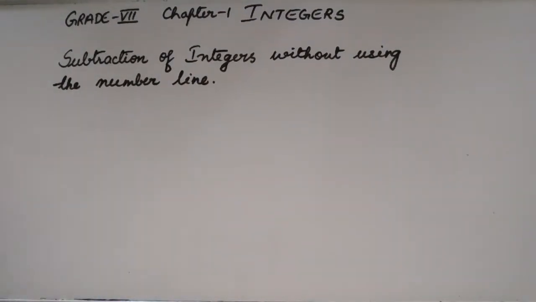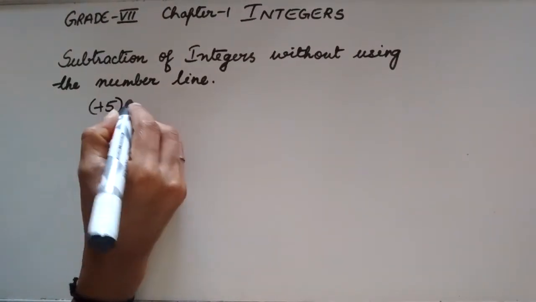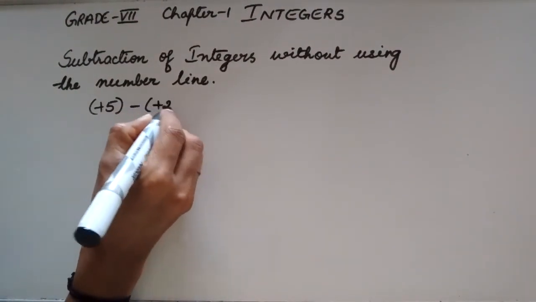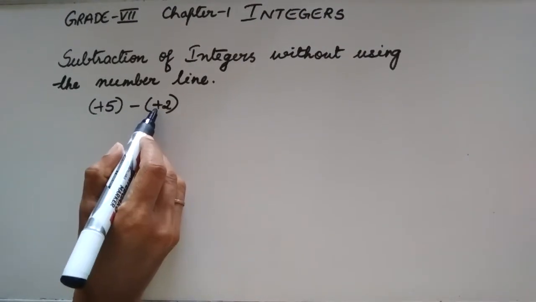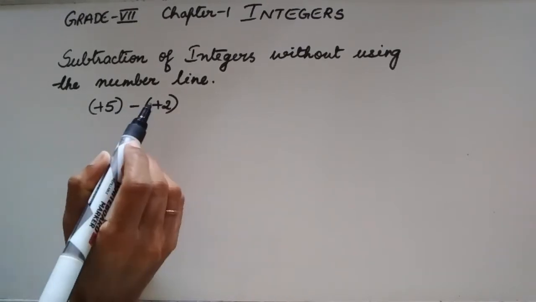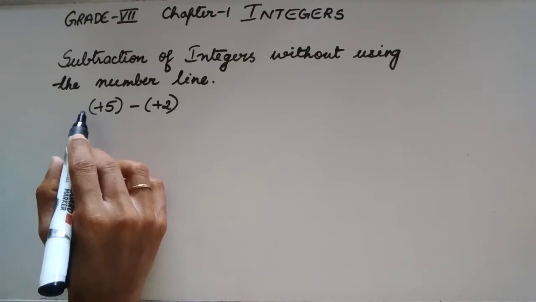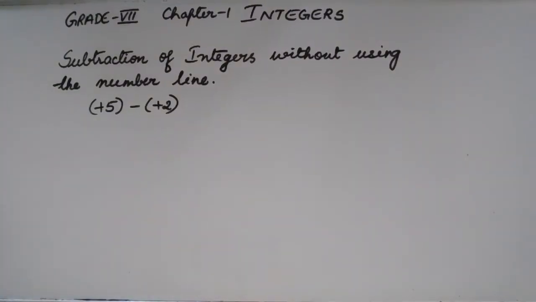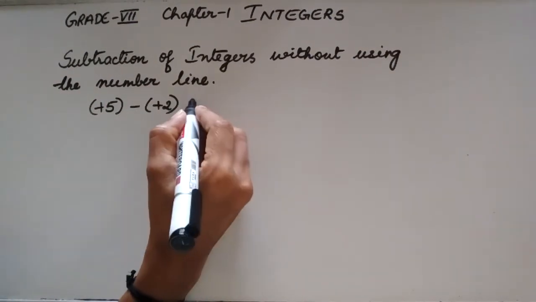Okay, for example, I'll take plus 5 minus plus 2. So this is a subtraction of a positive integer from a positive integer, isn't it, students? Without using the number line, how can I get the answer?